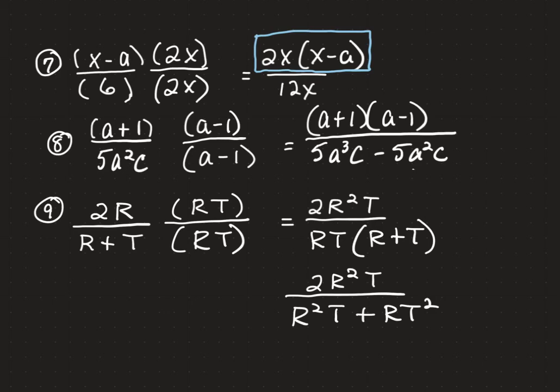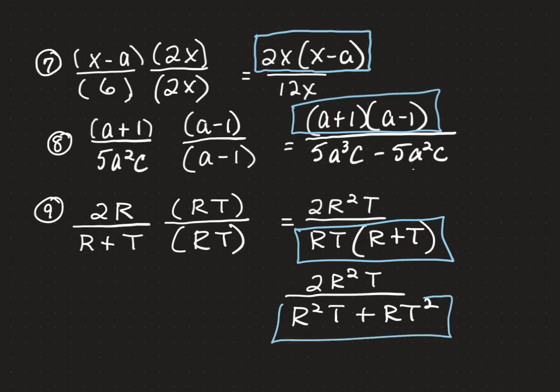So 2x times x minus a is the only thing you will put in the answer box. The same here. And of course, in 9, we were asked to find the denominator, either in this form or in this form. MyLab Math should specify in which form you should answer.